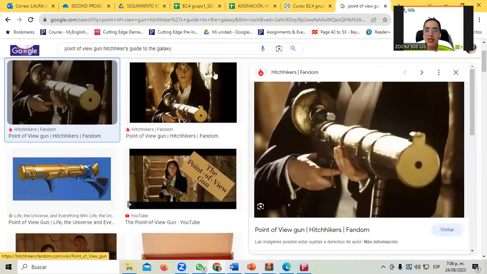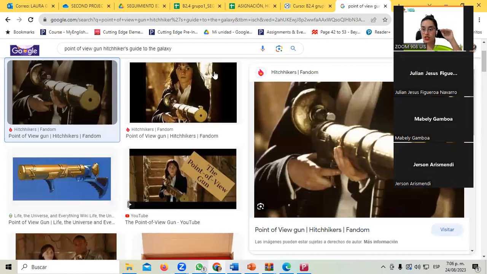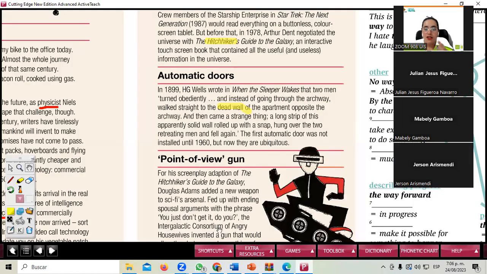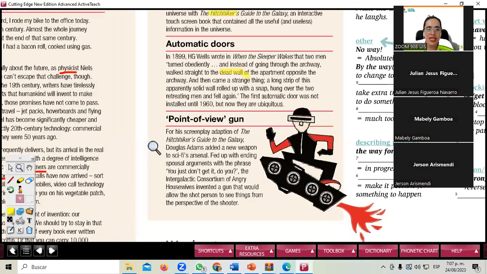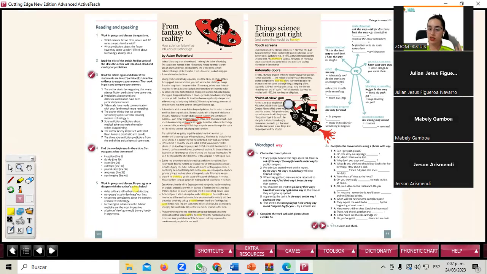The mechanism was that the person that is shot, so you take a shot, then if you receive the shot, you would be able to see things, situations from the perspective of the shooter, of the person who shot you, okay? So this is why it's called the point of view gun. If I shoot you, you would be able to see the things, the situations from my perspective. Okay, so that's why the writer mentioned that it would be useful.